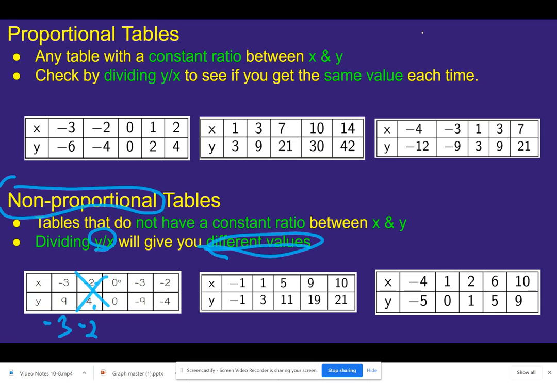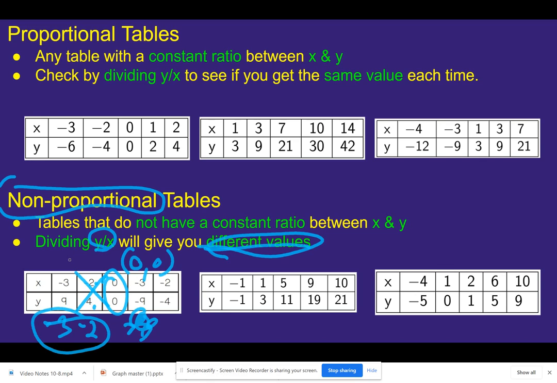Oh my goodness, this has a 0, 0 in it. Be warned, just because you have the coordinate 0, 0 does not imply immediately that it's proportional. There are non-proportional tables that have 0, 0 in them. It's just this part where you have to check.